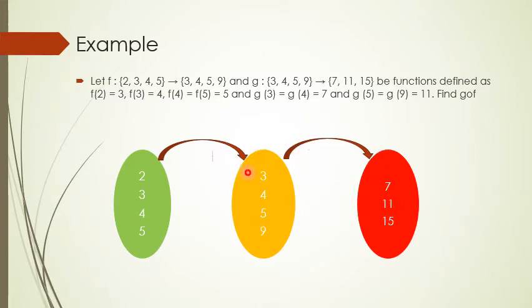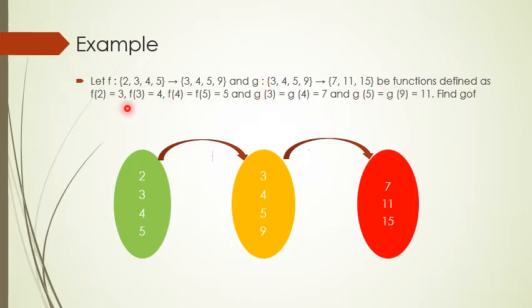Here, the yellow colored set consists of the numbers 3, 4, 5, 9, which is the domain of the function g. And the last set consists of the elements 7, 11, 15, which is the range of the function g.